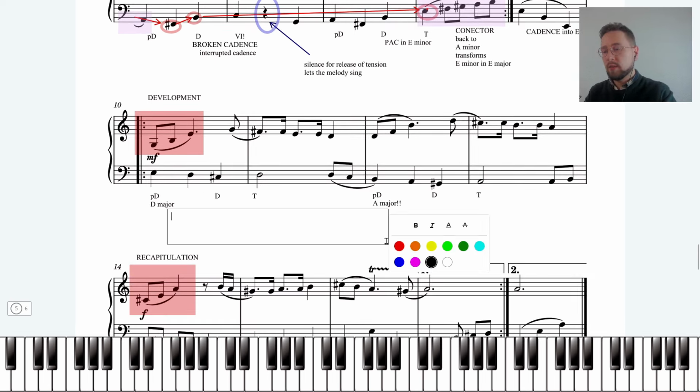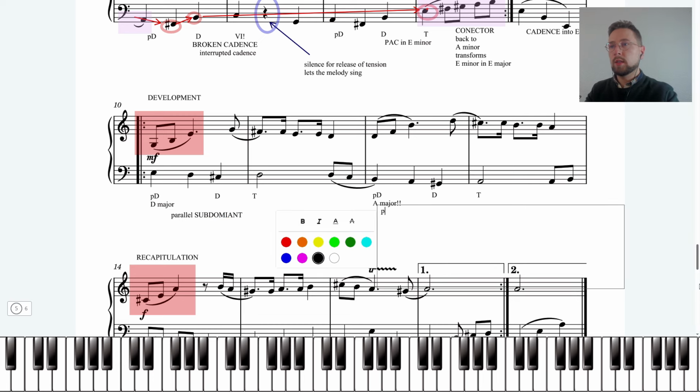But here we have the major parallel subdominant, and then we have the parallel tonic. So these are really strong choices that give a contrast. And as you can see, the piece actually doesn't end in A minor.